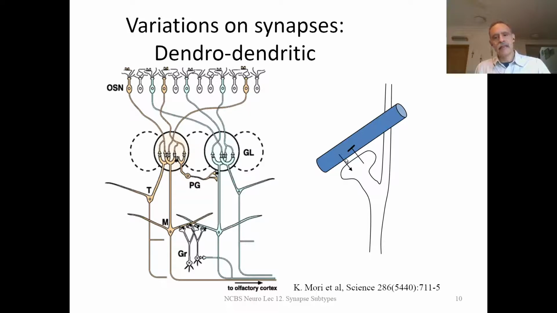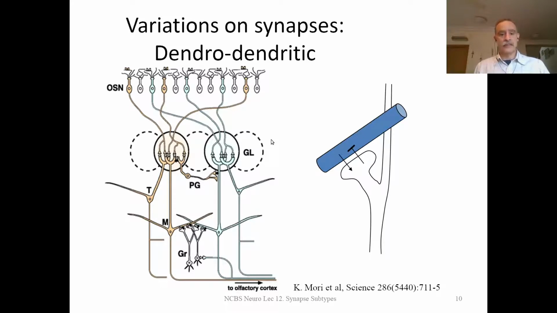And these have exactly the same kind of connection. That is, the mitral cell dendrite excites the PG cells, and the PG cells, ungrateful wretches that they are, inhibit the mitral cells. So this is, as I said, a very common circuit motif, especially in the olfactory bulb.